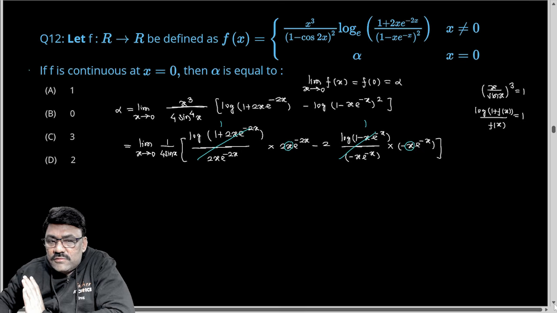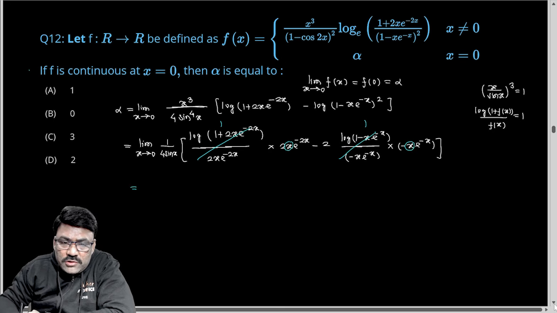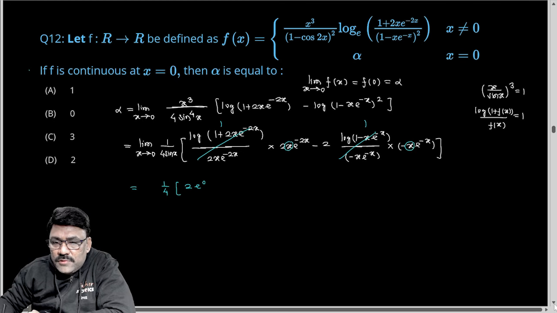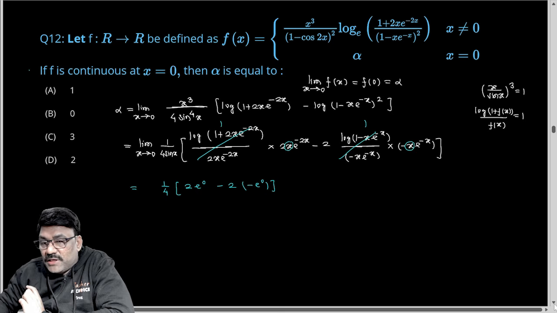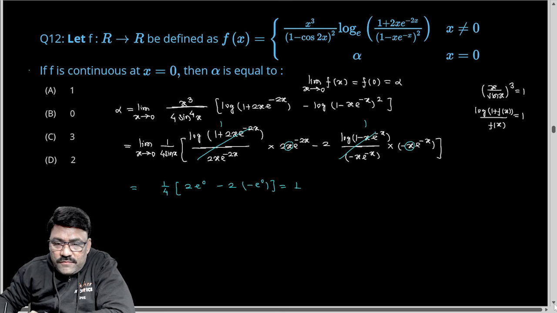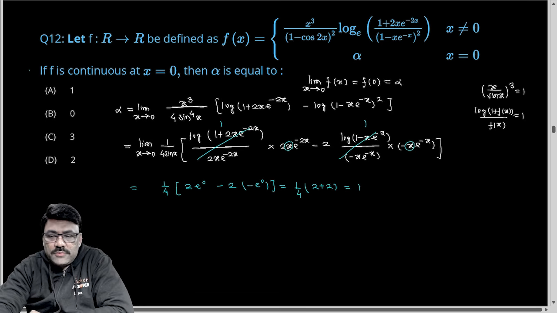So finally you are getting 1 by 4. This log of (1 plus f(x)) over f(x) is 1, and with x taken outside you got 2 times e raised to 0 when you put x as 0. Then you got minus 2 times, again with log of (1 plus f(x)) over f(x) as 1, and here you got minus e raised to 0. Again e raised to 0, but the minus sign we have here. So ultimately it is 1 by 4 times (2 plus 2), which is 1. Means option A is the correct option here, right?